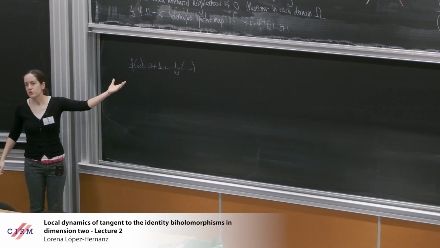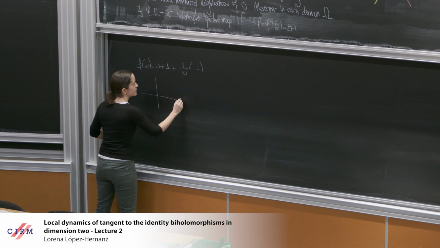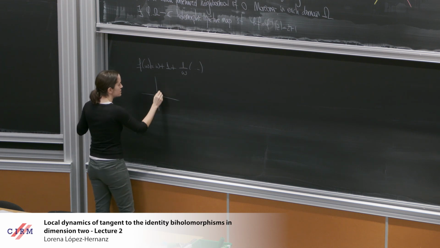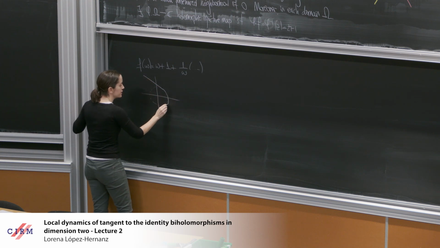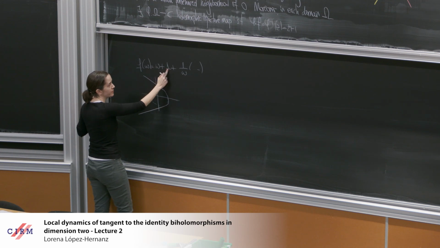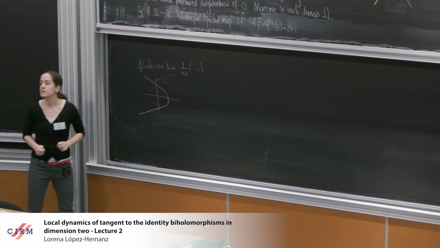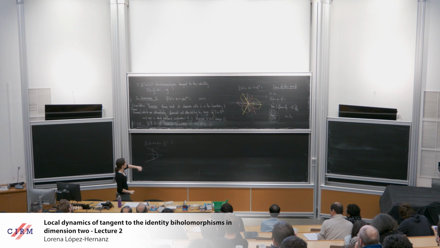Okay, so in this new coordinate, it's very easy to find the existence of these invariant domains. This is small if w is big enough, so if we are away from the origin, in a sector, in a domain like that, the iterations of my map will be very close to the unit translation. So we'll be in a cone like this. Okay. So this is invariant. I will not go into the details of the construction of Fatou coordinates.